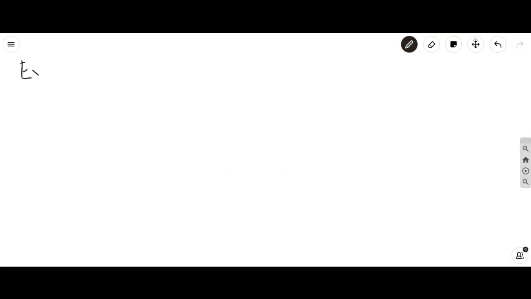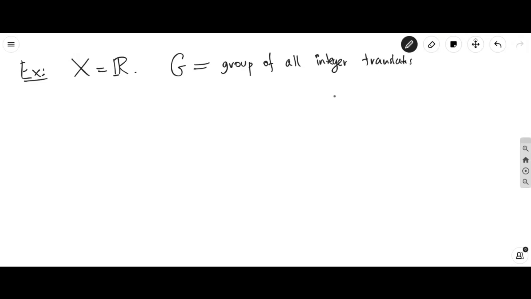So here's an example. X is the real line, and G would be the group of all, let's say, integer translates. In other words, these would be, let's call them, so an automorphism will be a map from R to R so that the formula for this automorphism, it's an integer translate.